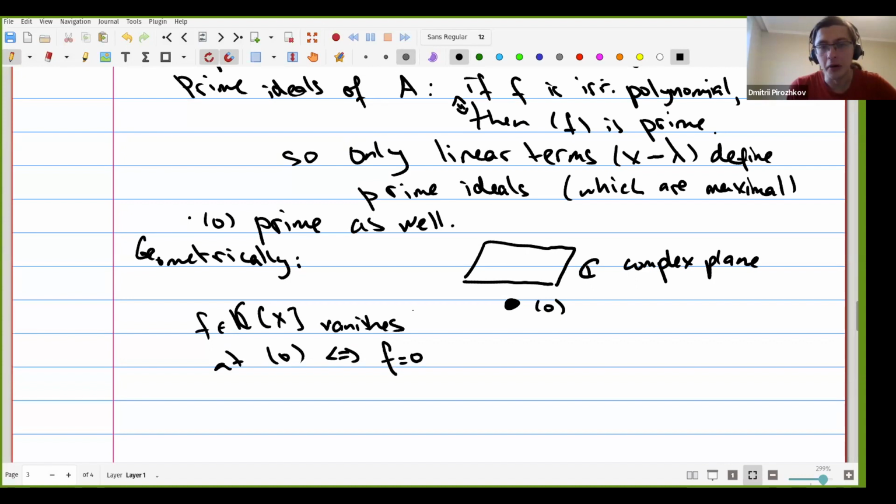And so, in other words, this point lives in any non-empty open subset.